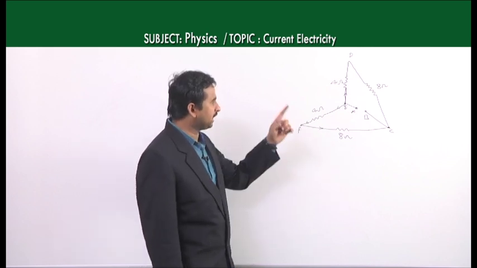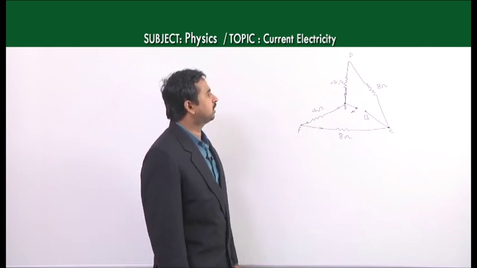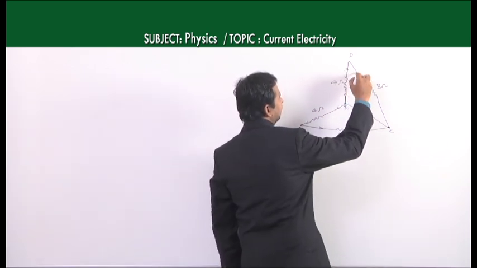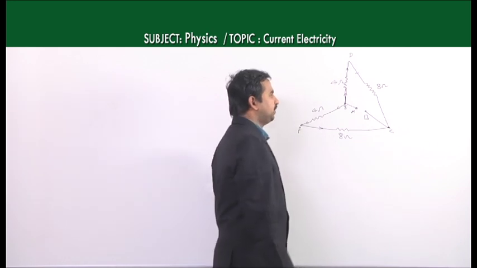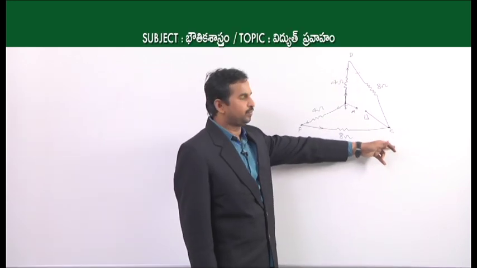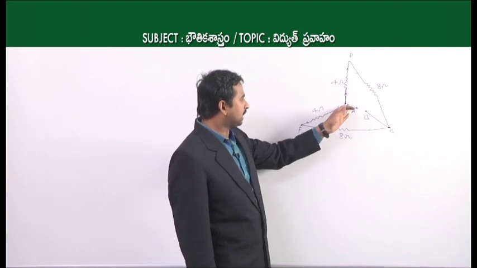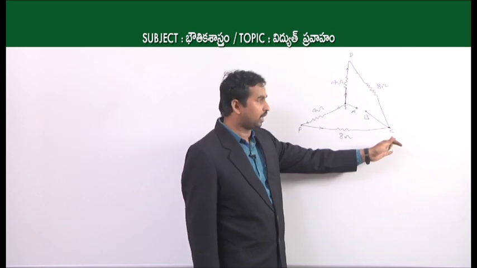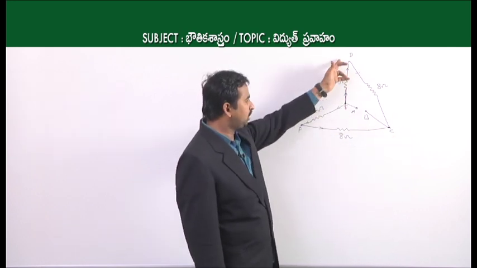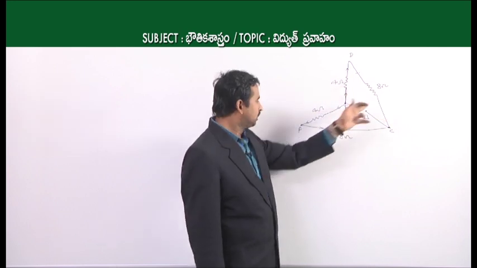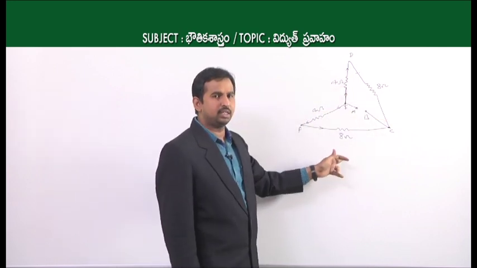In the same way, the current passing through ED is the same current that passes between D and C, which is the 8 ohms. So the current coming from E, F to C and in the same way E, D to C, these 4 ohms and 8 ohms are in series.